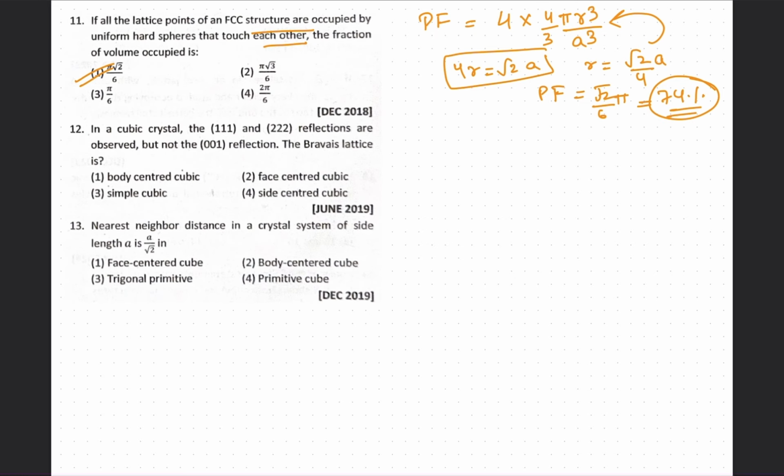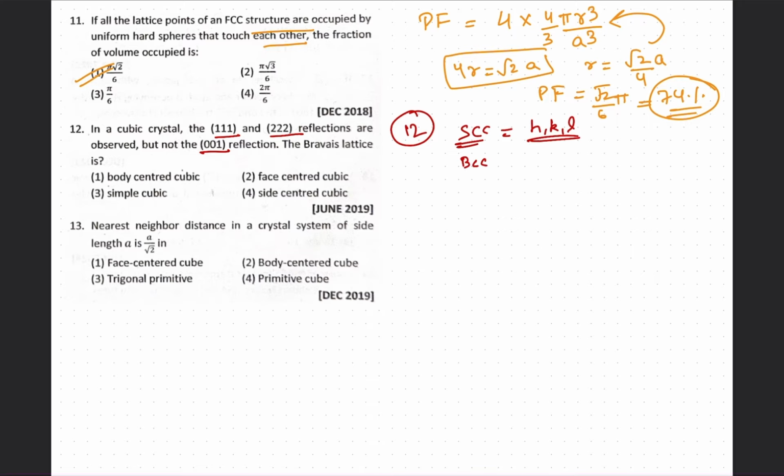Okay, now 12th question is, in a cubic crystal, the 1 1 1 and 2 2 2 reflections are observed, but 0 0 1 is not. The Bravais lattice is... See, we know that in the simple rule, if this is simple cubic, any value of HKL is allowed.